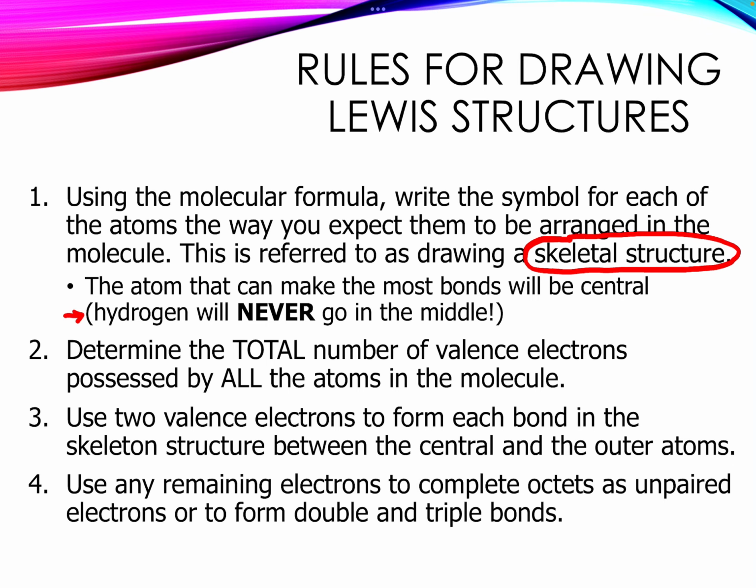Remember, every bond is 2 electrons, so we're going to remove those electrons from our electron count as we go. And our last step will be to use any remaining electrons to complete our octets. Or if we don't have enough electrons to make an octet, then we'll start making double bonds and triple bonds.